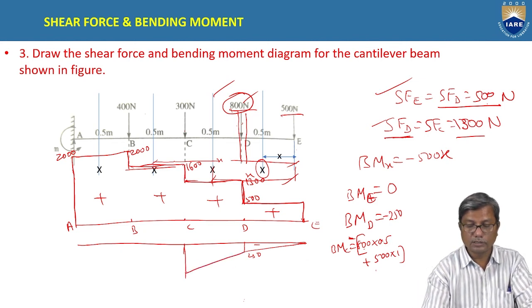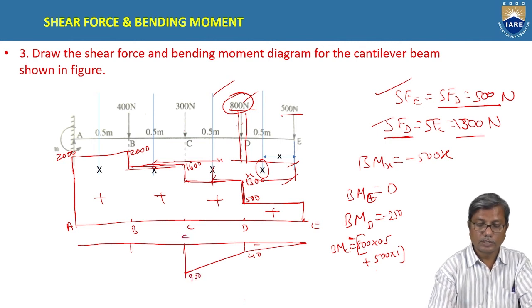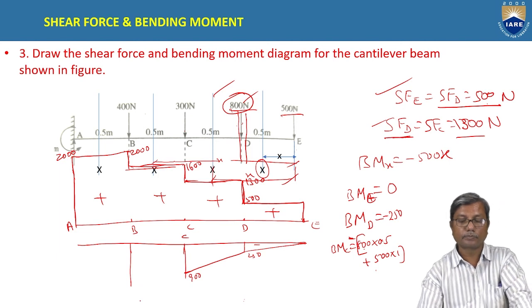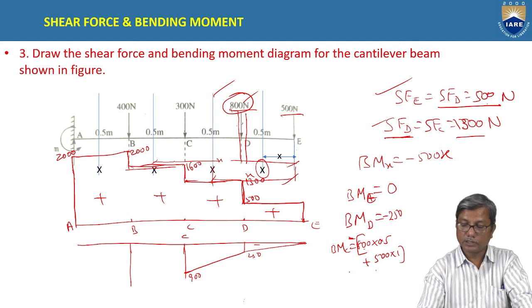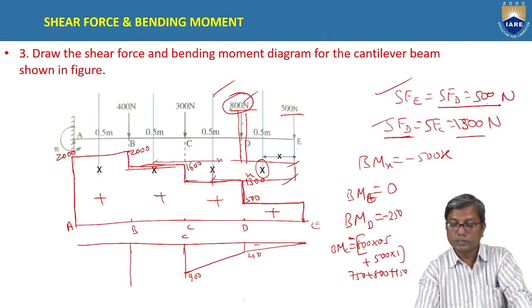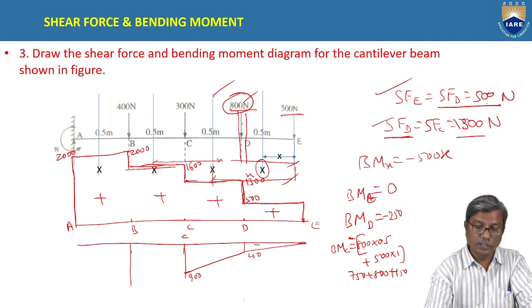Bending moment at C is 900. And what is the bending moment at B? 500 into 1.5, that is 750. 800 into 1, so 750 plus 800 plus 300 into 0.5, that is 150. So total is 900 plus 700, so 1700 total.